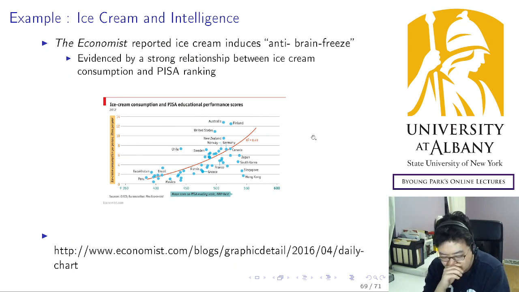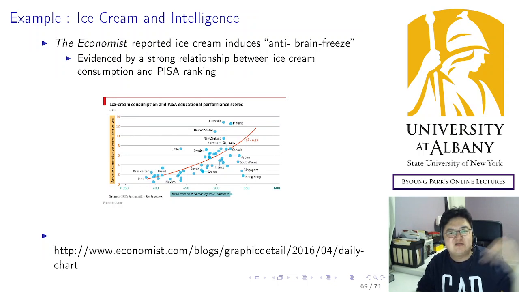There is another interesting example: the global temperature and the number of pirates, right? The number of pirates has been decreasing since the 15th century, and since then the number of pirates decreased a lot.